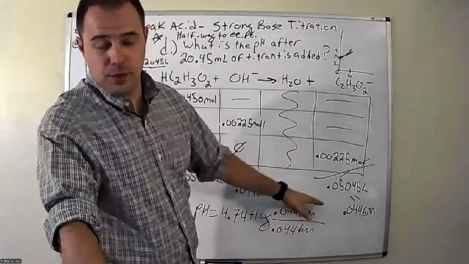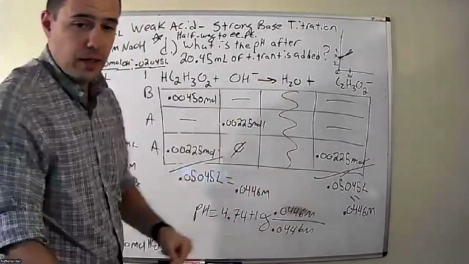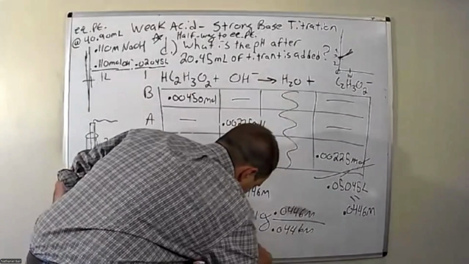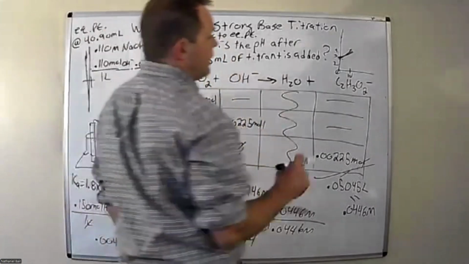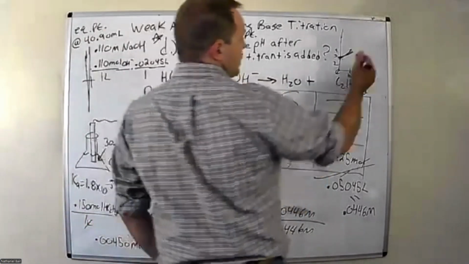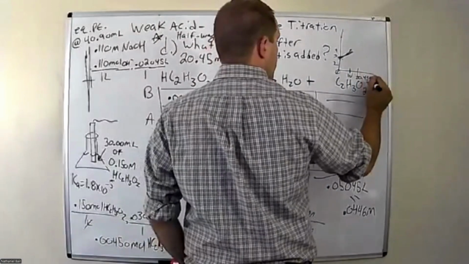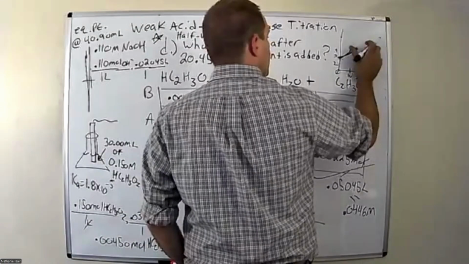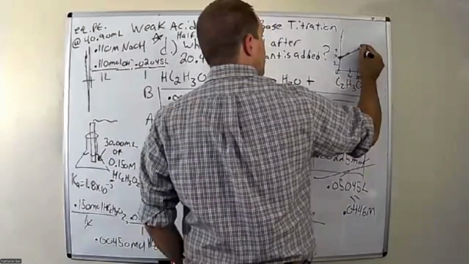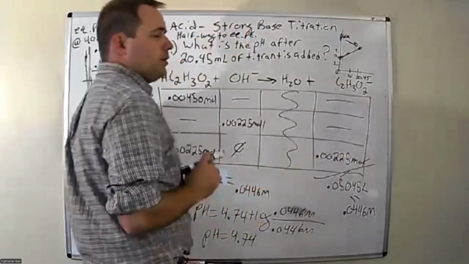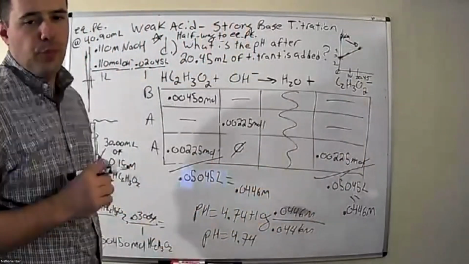The log of 1 is 0. The pH is the pKa. When you are halfway to the equivalence point, the pH of the buffer is the pKa. I cannot emphasize how important that is. That when you are halfway, which was 20.45, we are at the pKa at that point. This is the pKa. Halfway to the equivalence point is the pKa.